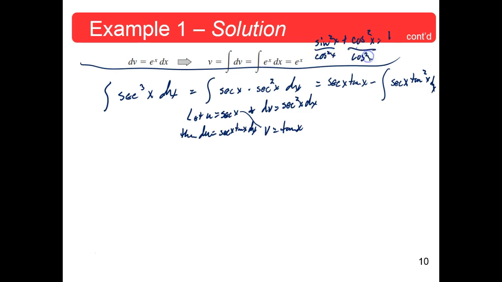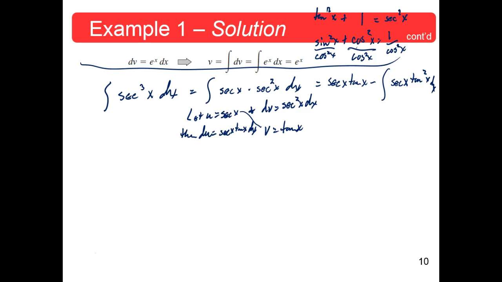This is going to be tangent squared, right? What is cosine over cosine? 1. And what's 1 over cosine squared? Secant squared, so this is secant squared x.